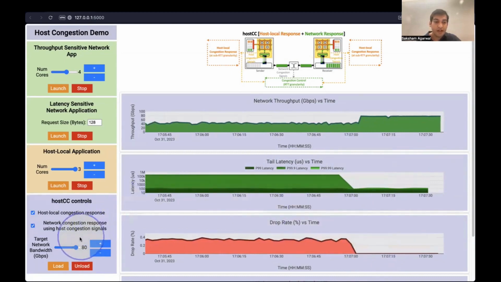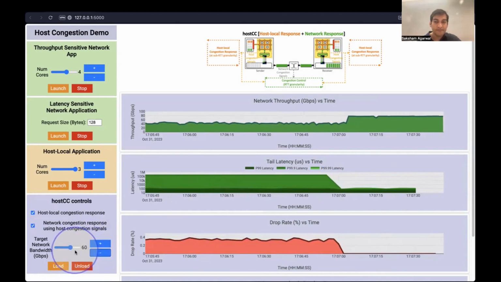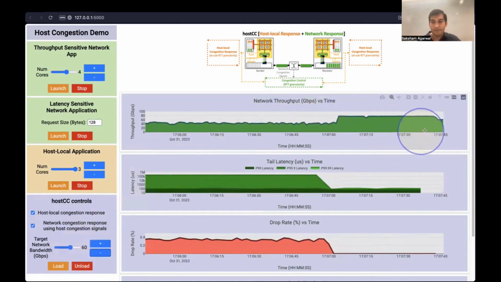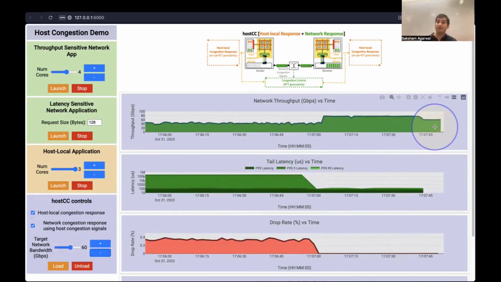Let's vary the target rate, again reducing it to the 60 Gbps scenario. The network throughput quickly converges to the new target rate of 60 Gbps.